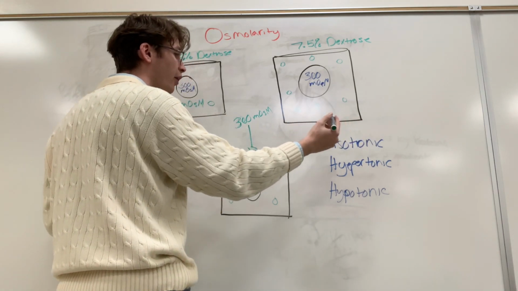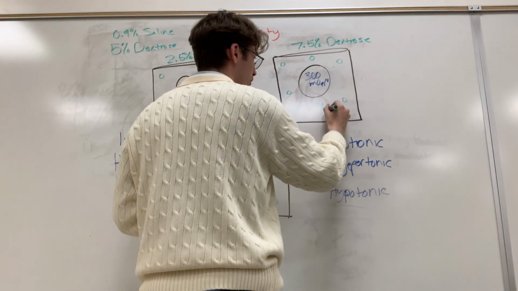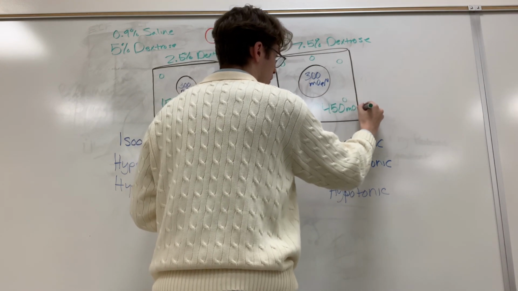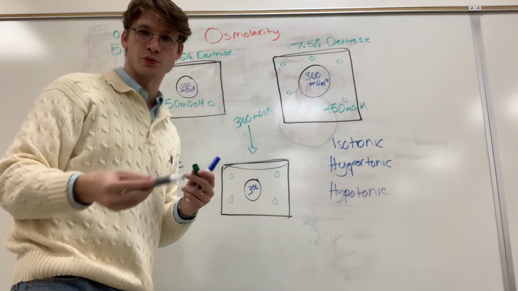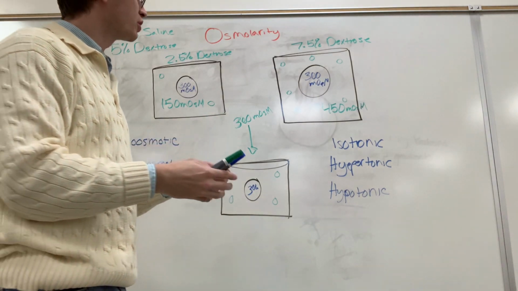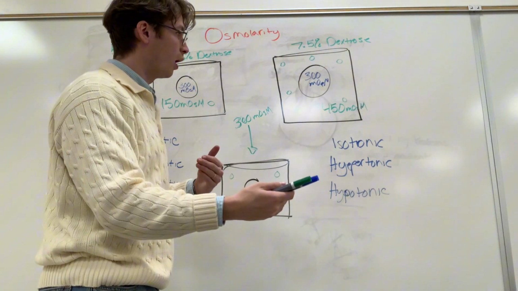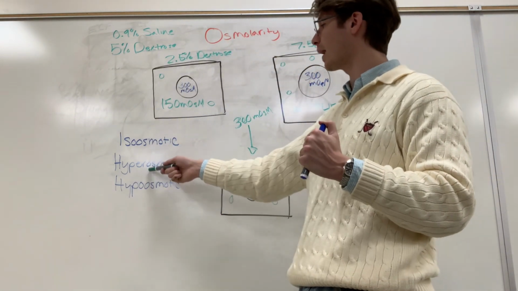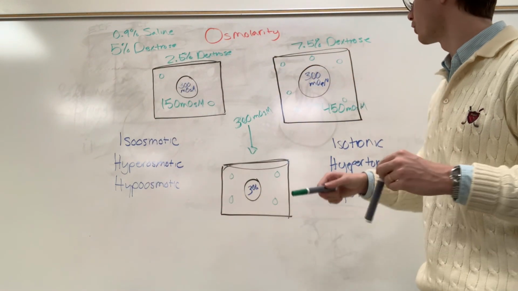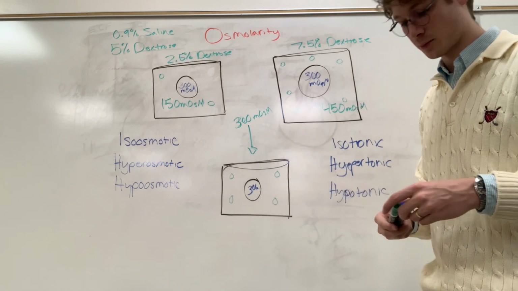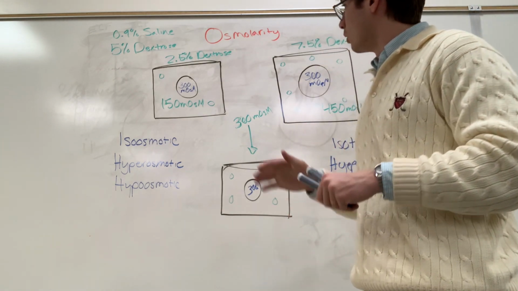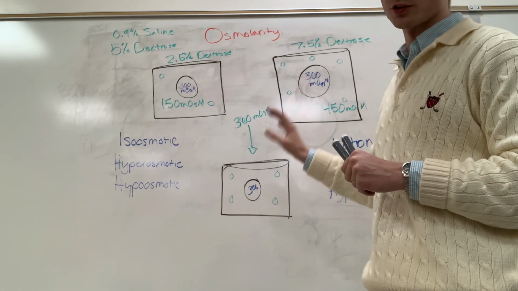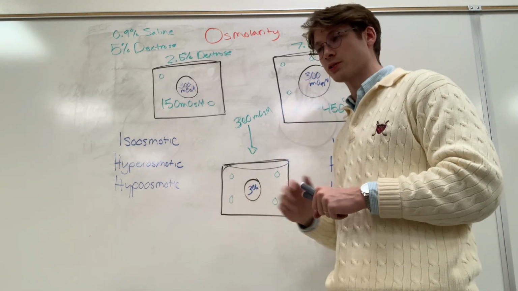So let's say now we have a 450 milliosmolar solution. Now we have a solution that is more osmolar on the outside than it is on the inside. So we're going to refer to this as hyperosmotic, referring to more on the outside than on the inside. Now, what we've done here is distinguish the differences in osmolarity in our solutions.